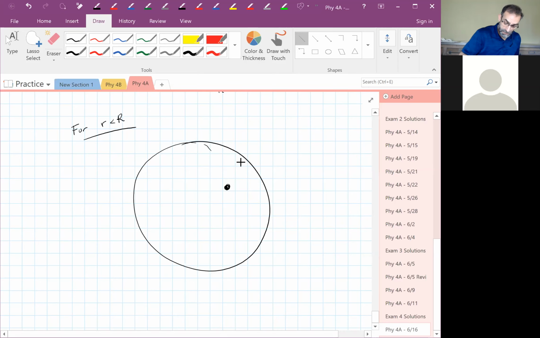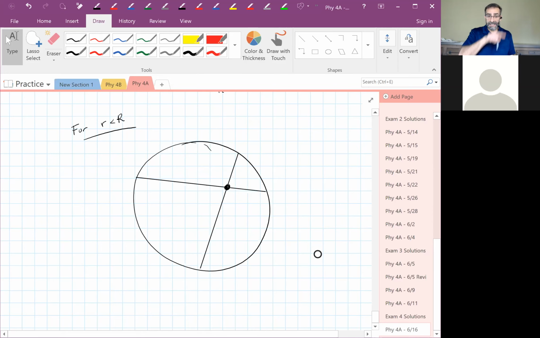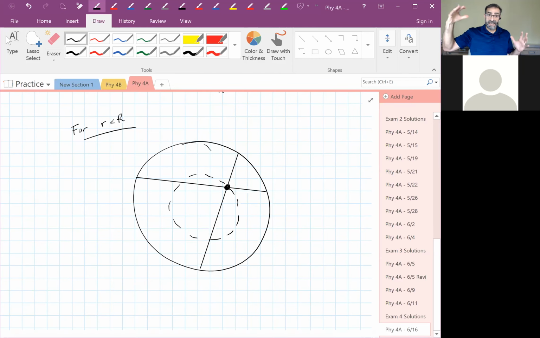It turns out that if we draw an imaginary radius at our location, the mass outside of our radius has no effect on us. It all cancels out.